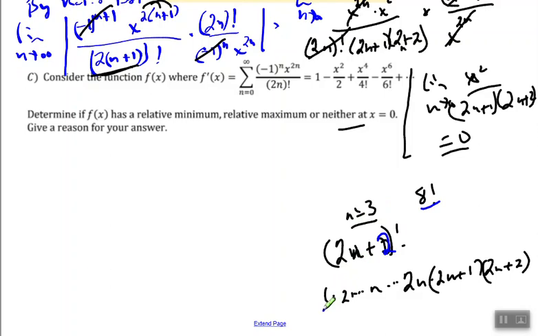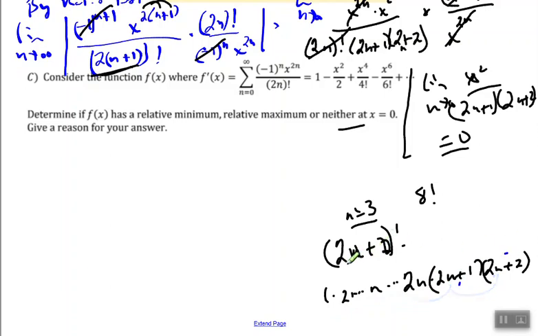So 8 factorial, or any number, is 1 times 2 times 3 times 4 times 5. And then we eventually get to 6 factorial, because that's 2n, and then 7 factorial, and then 8 factorial. So we need 2n. The number after 2n is 2n plus 1, then the number after 2n plus 1 is 2n plus 2.